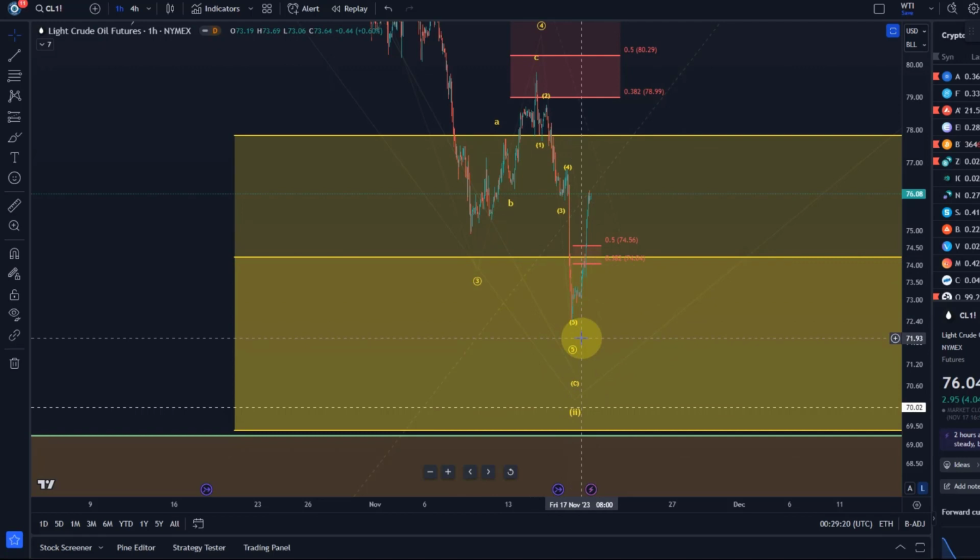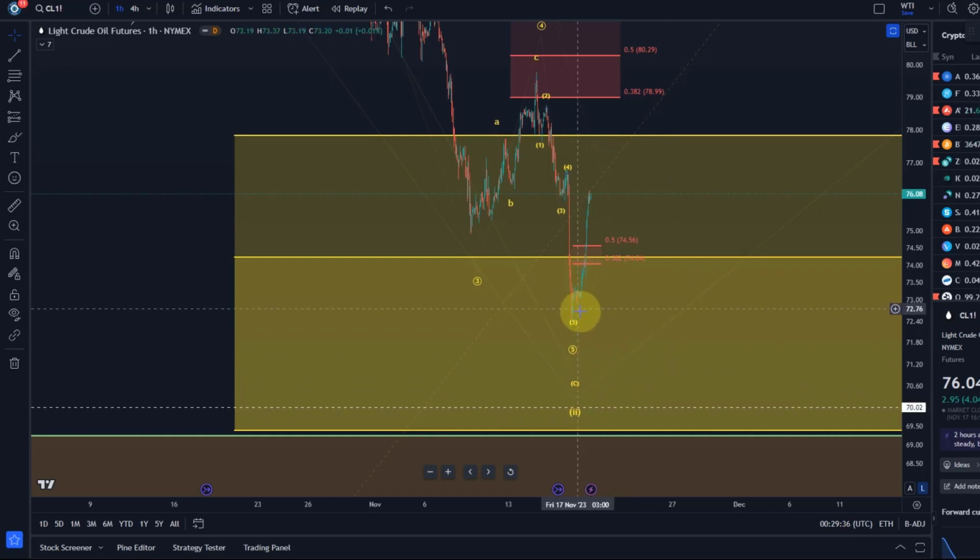At least a somewhat substantial low. However, it would now take a break above a certain level to really confirm that this wave 2 low is in place.